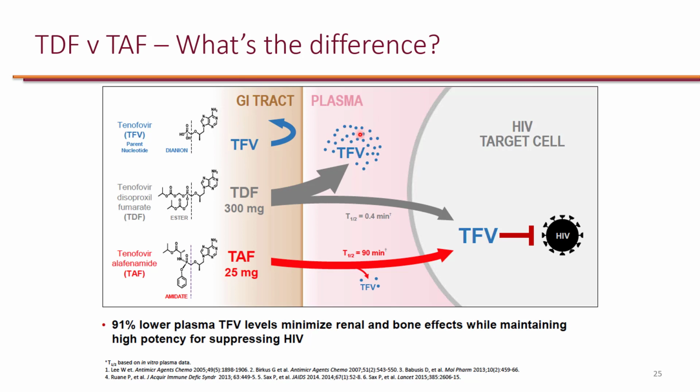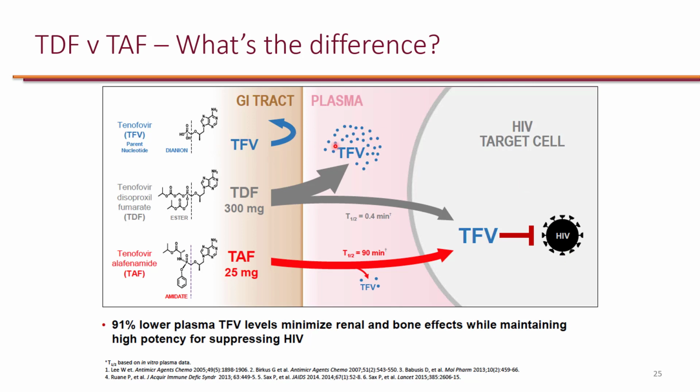HIV is inside the CD4 cell, so the target cell is the CD4 cell. That's where HIV replicates. You want tenofovir to be absorbed into the blood, then go to the CD4 cell, find the HIV virus and block its replication. The problem is tenofovir is not absorbed.